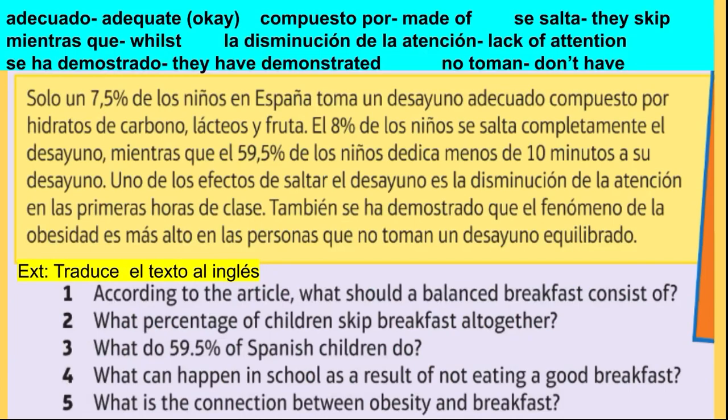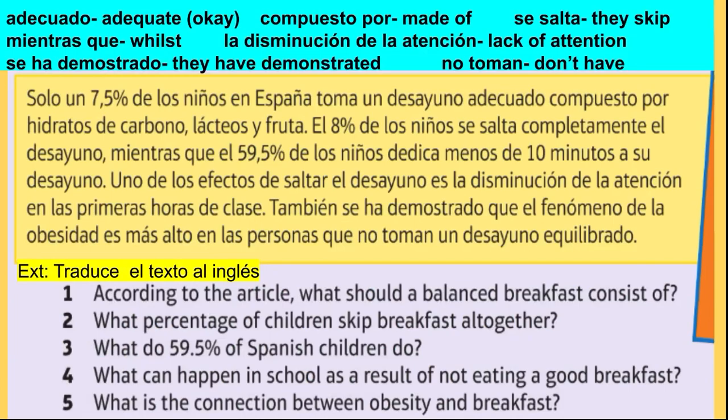Okay, so let's go through this together and then you can mark off your work. According to the article, what should a balanced breakfast consist of? So it says here, "Solo un 7,5% de los niños en España toman un desayuno adecuado compuesto por hidratos de carbono, lácteos y fruta."